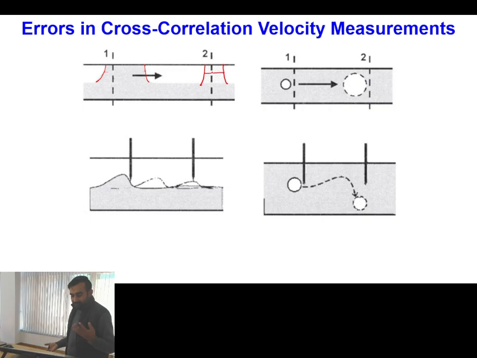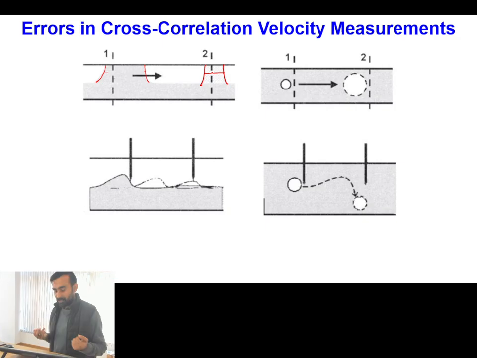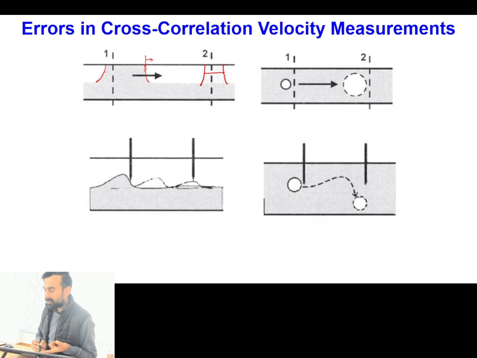Okay. Now in this scenario, whenever you measure the velocity, it will not give you the exact velocity of the slug, but it will give you the velocity of the slug plus the velocity of deformation of the interface, because ultimately the interface has also deformed from this location to this location.